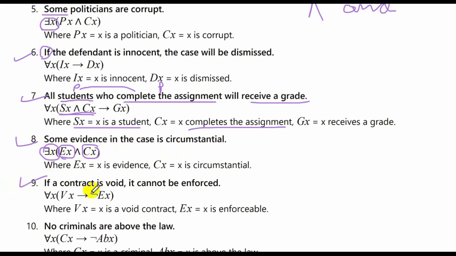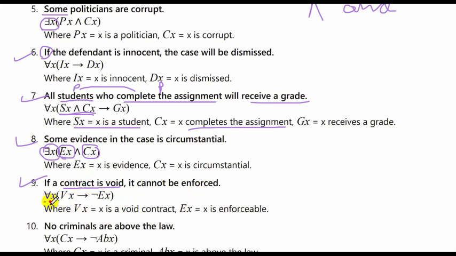Ninth, if a contract is void, it cannot be enforced. Again, we can represent this by Cx also, it doesn't matter, or Vx, but try to use the most appropriate one that represents that part of the sentence.